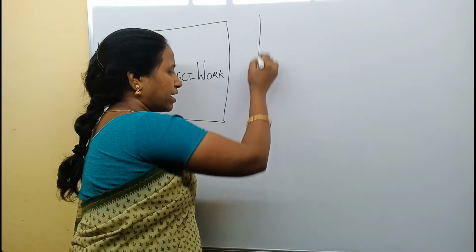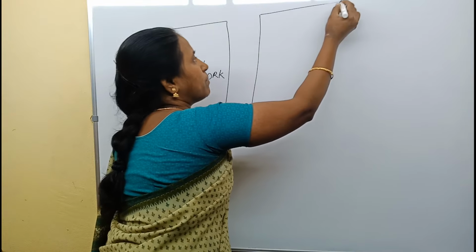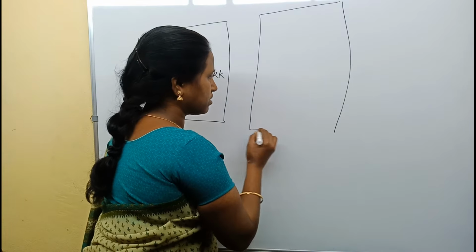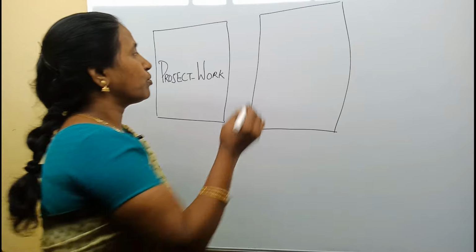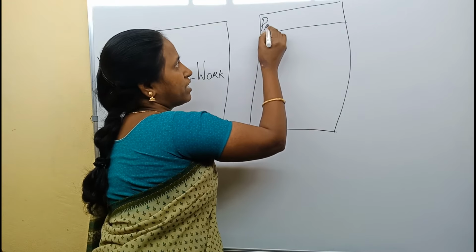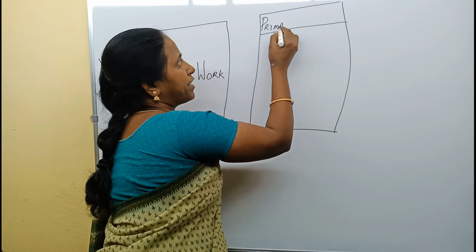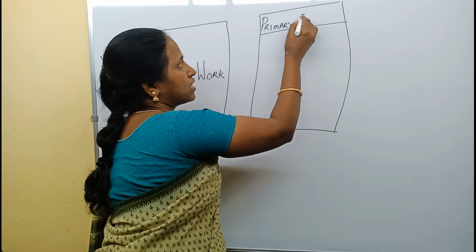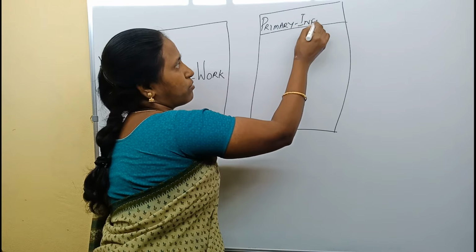Then we again draw the margins and write the primary information. Primary information gives the idea about what the project exactly is about.